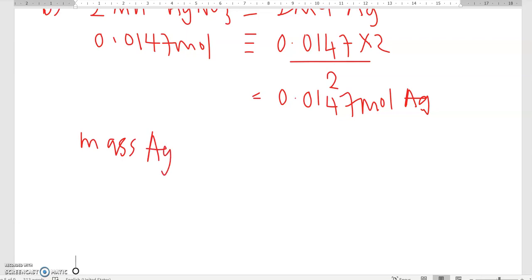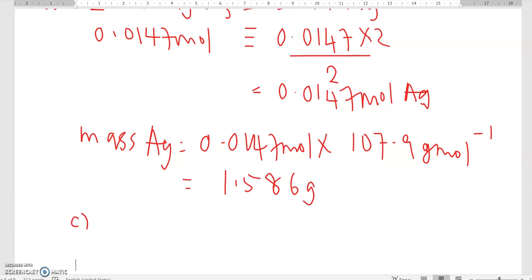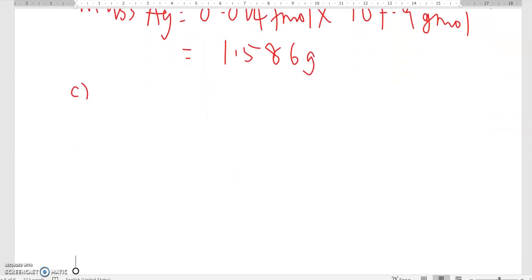So mass for silver equals 0.0147 mole times molar mass of silver, 107.9 gram per mole. So the mass for silver is 1.586 gram.